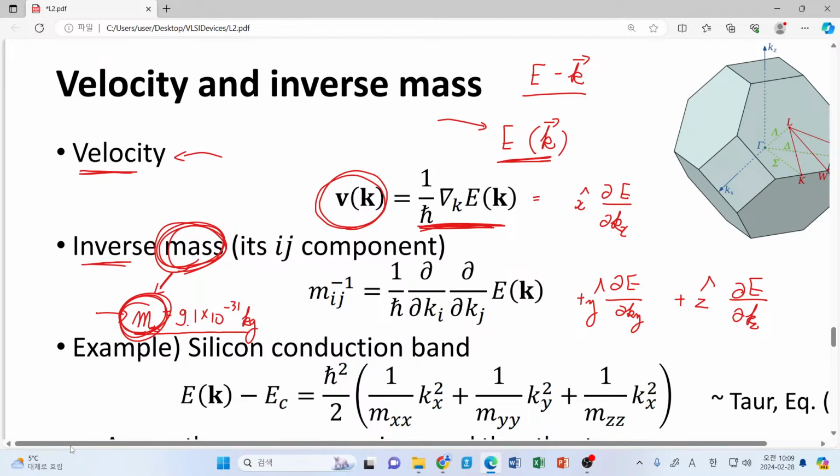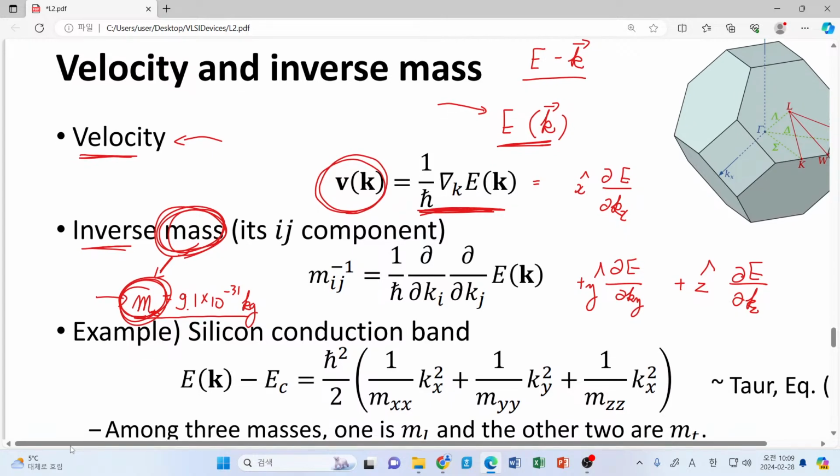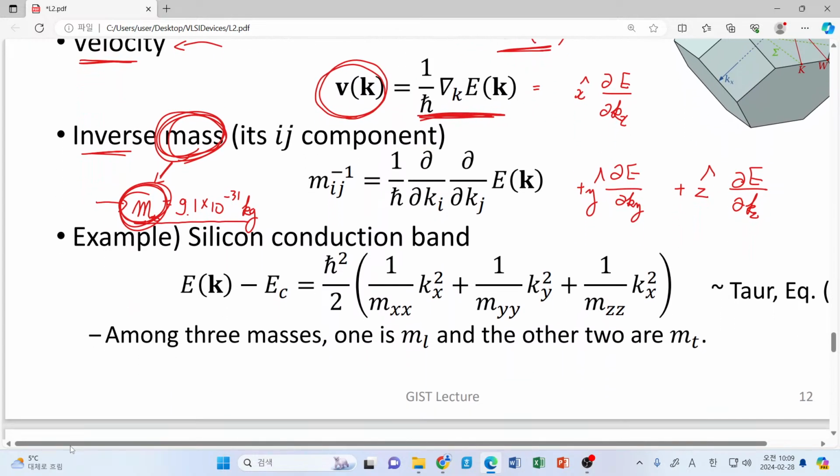Since the energy E is a complicated function of kx, ky, and kz, it is not directly expressed in a simple form, but by following this operation, taking the gradient in k space, we can get the velocity.